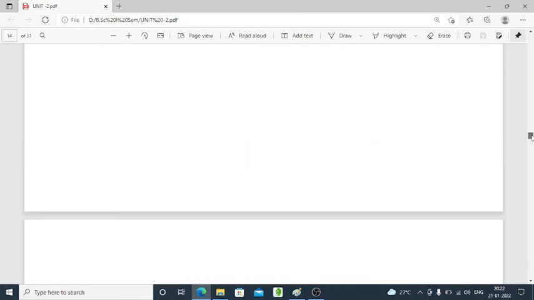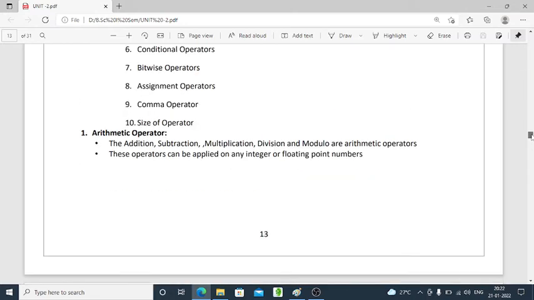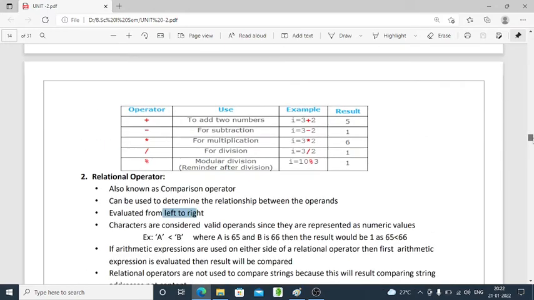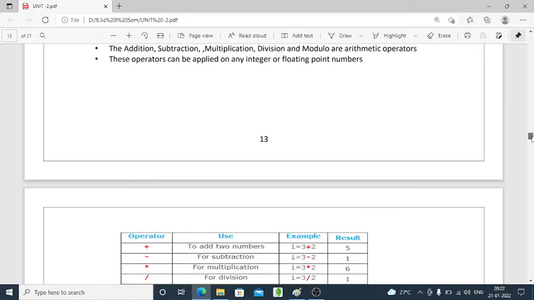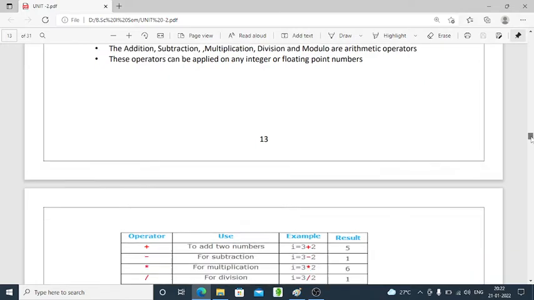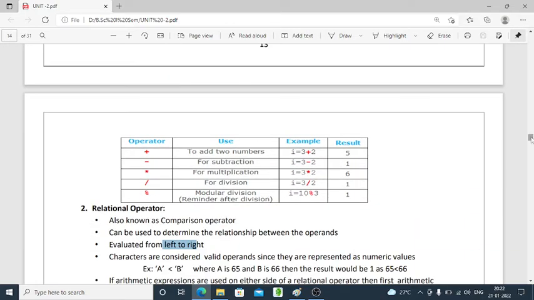Till now we have discussed three types of operators: arithmetic, relational, and equality operators. The first one is arithmetic operators, which are addition, subtraction, multiplication, division and modulo.